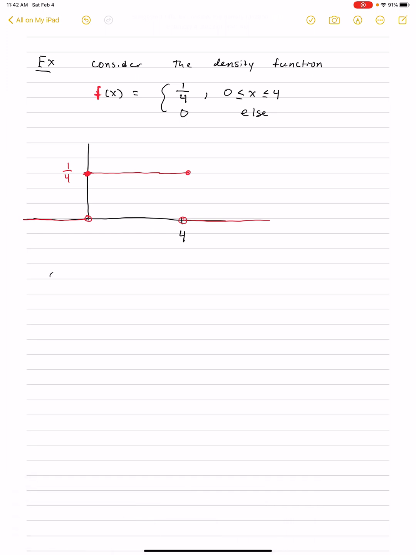So let's calculate the probability that x is bigger than 3. Well, if we look at this, this will be 0, that's 1, here's going to be 2, here's going to be 3.